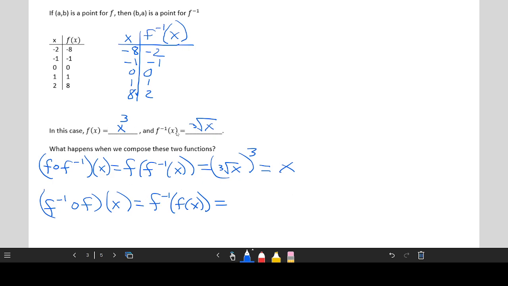So we're taking x cubed, substituting it into the other function, and so now we have cube root of x cubed, but they still undo each other and we get x. This will always happen when you compose two functions that are inverses of each other. You'll get x, and that's one reason why we care so much about inverse functions, because if I have an equation and I have x cubed on one side and I want it to just be x, what do I do to both sides? I take the cube root.